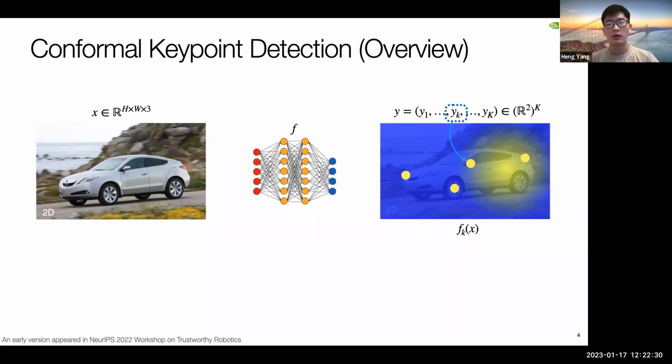The yellow part of this heat map says that there is larger probability of the ground truth being there, but the blue areas say that there's very low probability of the semantic key point Y_k lying on those pixels. And usually after you get heat maps like this, in practice, you take the pixel that gives you the highest probability value, which we call Q star, and you use this Q star as your estimated location of the semantic key points.